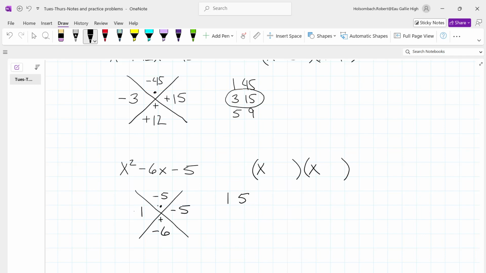But then negative 1 times negative 5 doesn't equal negative 5. So when you get to that situation, this trinomial is considered prime. And it doesn't have any whole number factors.